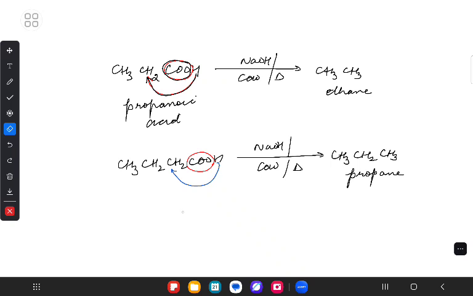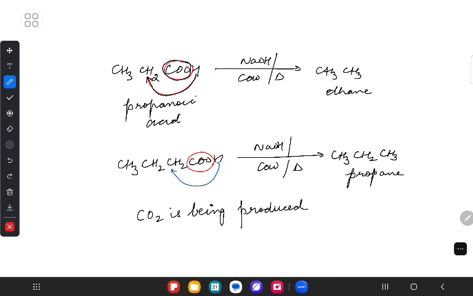Now what happens is that whatever CO2 is being produced gets absorbed by NaOH. So the use of NaOH here is to absorb all the CO2. Are we understanding?